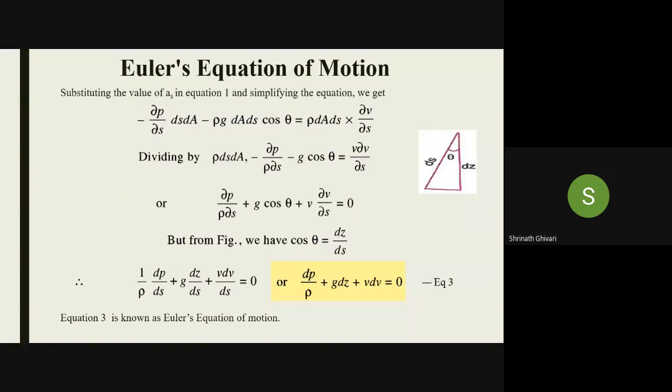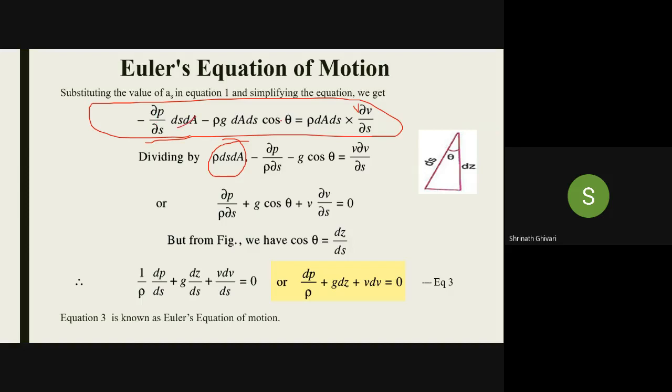Minus ∂p/∂s ds dA minus rho g dA ds cos theta equals rho dA ds times a_s. Actually, here it is v ∂v/∂s. So rho ds dA is equal to this; dividing this whole equation by rho dA ds, what will we get?